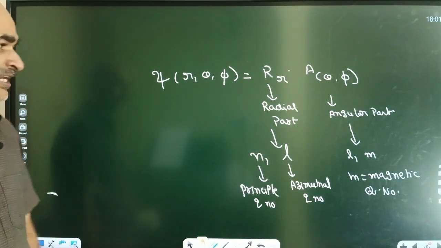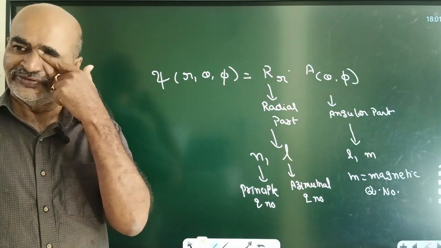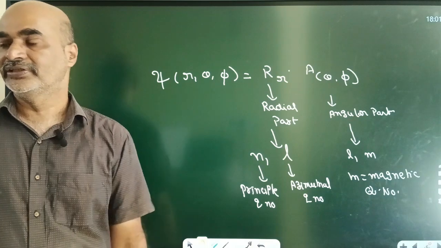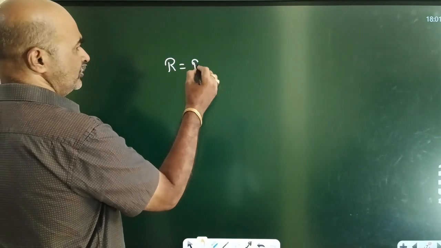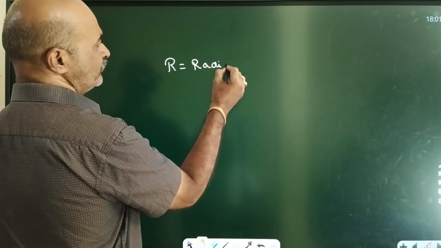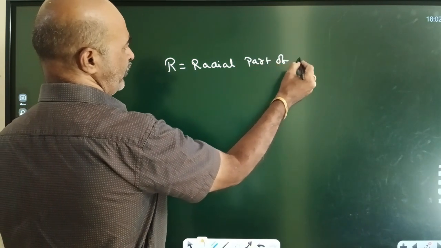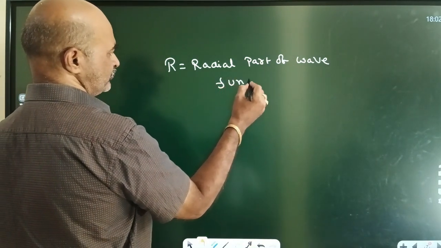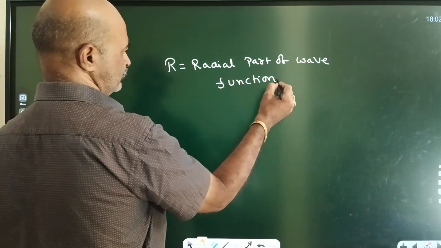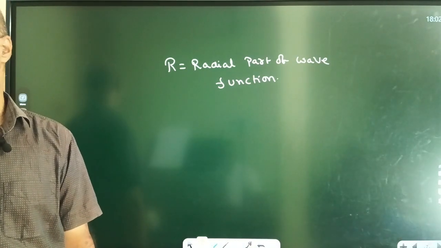R square is R. What is R? R is the radial part of the wave function.